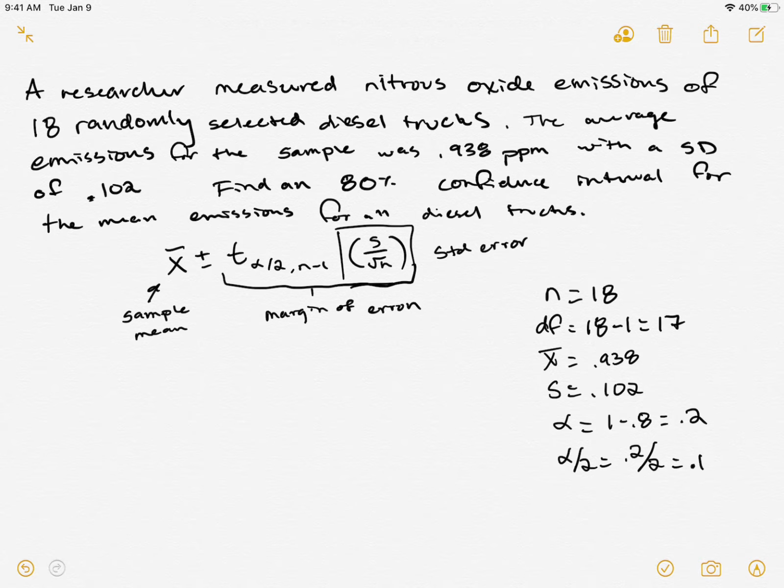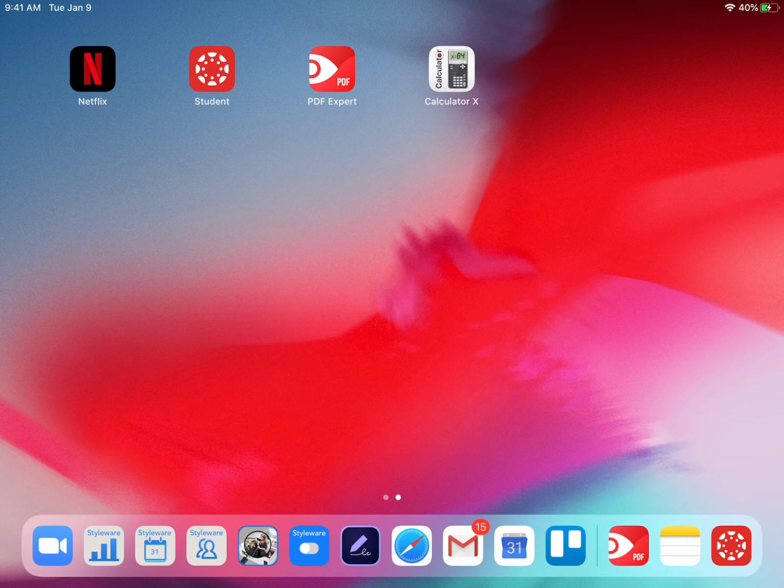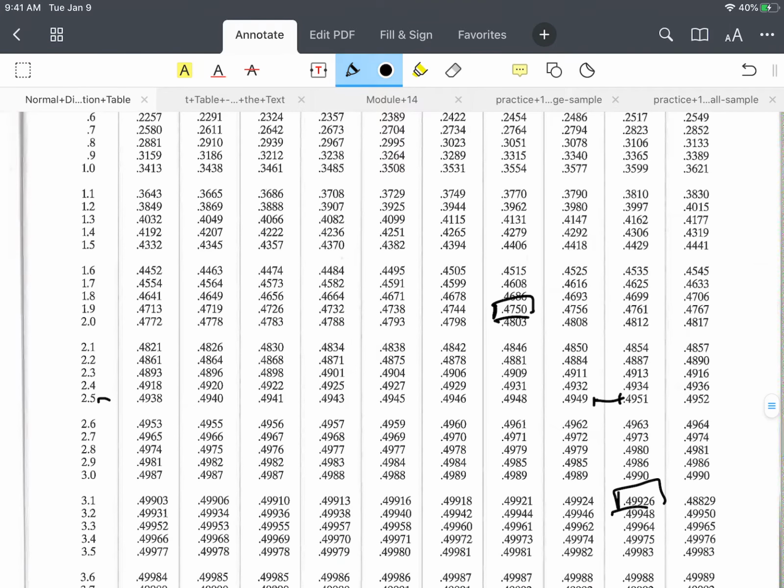I look it up on a table, but you might do it on a calculator or something else, so you can skip ahead if you don't want to look at this. We'll look at the t table with 17 degrees of freedom and the area in the tail being 0.1.